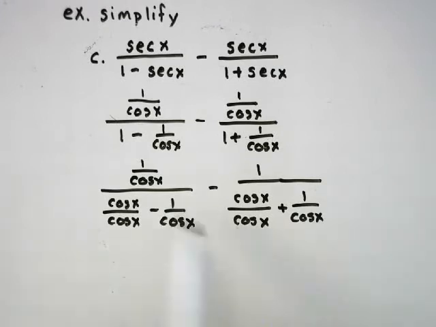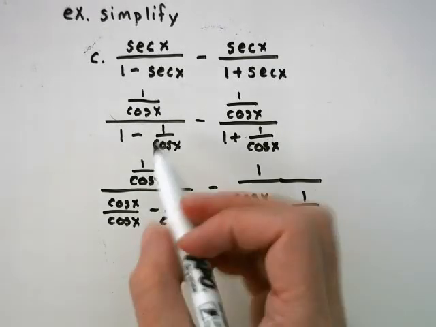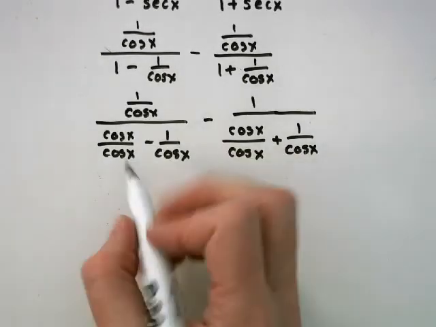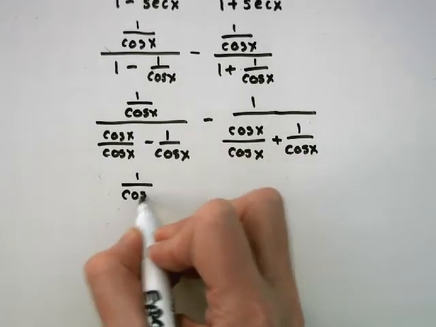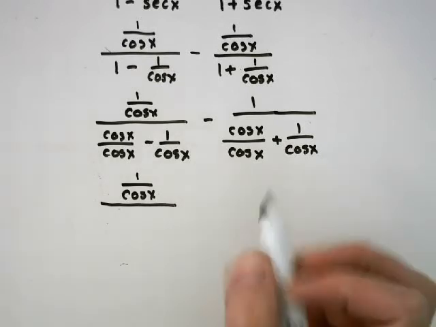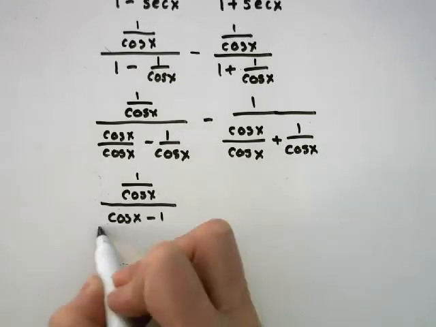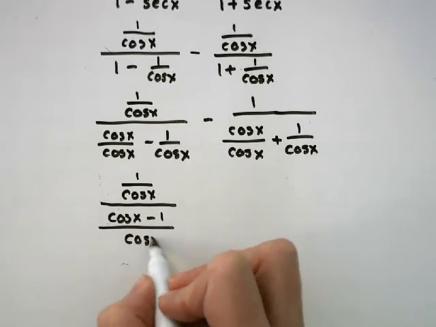Okay, that allows me to combine them. So keep the numerators coming along here. Our new denominator now is going to be cosine of x minus 1 over cosine of x.